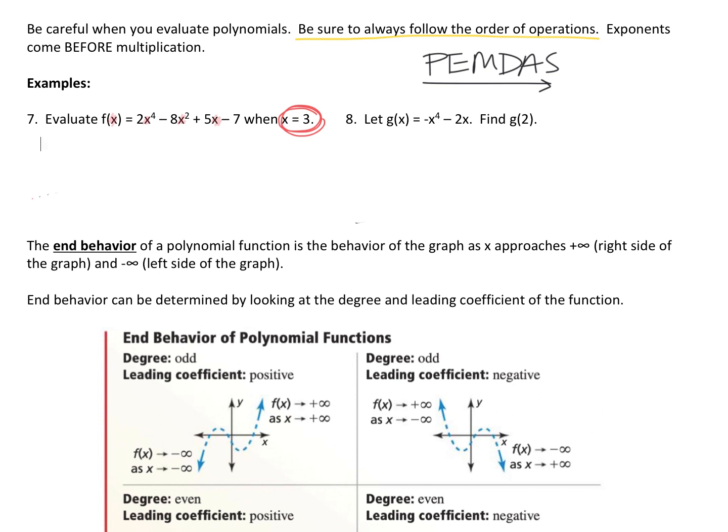So f of 3 is 2 times 3 to the 4th minus 8 times 3 to the 2nd plus 5 times 3 minus 7.